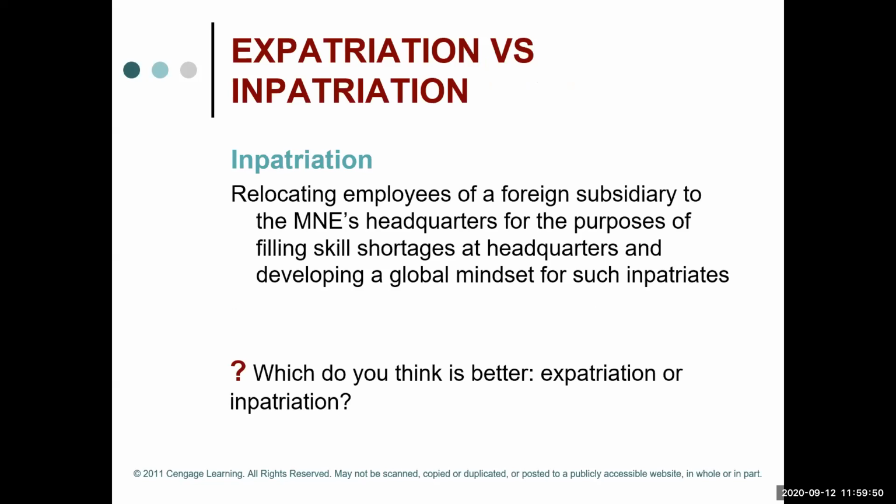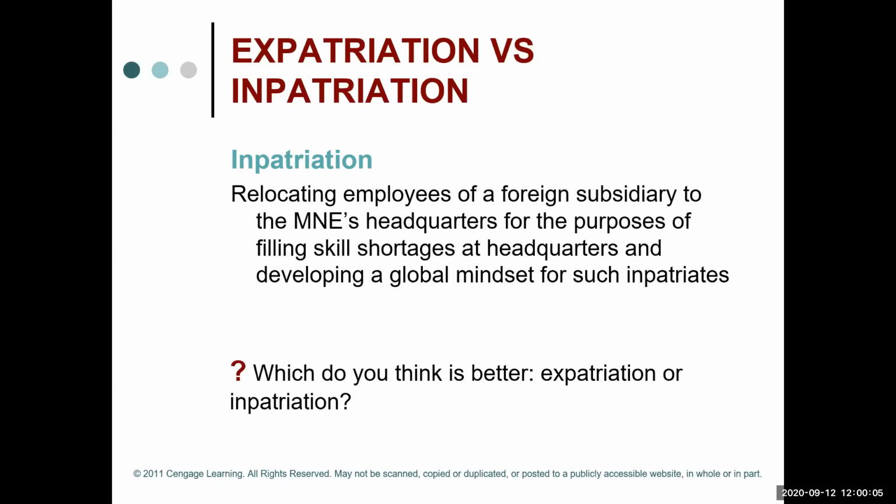Yeah, so we saw expatriation, then repatriation, right? Then there's something called impatriation. Now, impatriation is not because there is an expat program in the company.